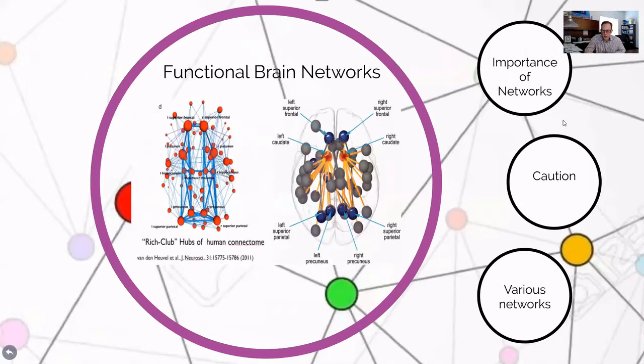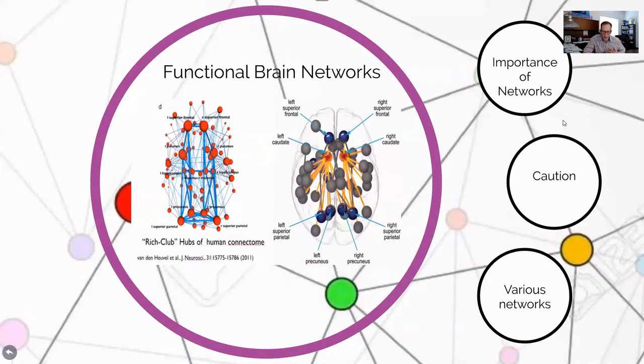So from there, we go to trying to understand some functional brain networks now. The initial one that we look at here, again, is this rich club network, or what's called the default mode network that you see on the right in the center.